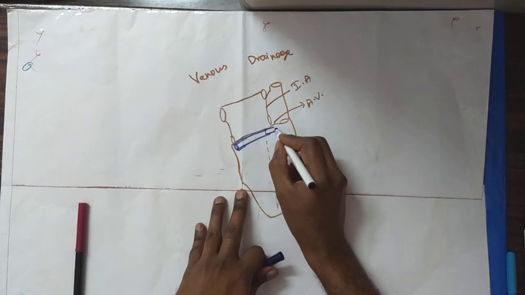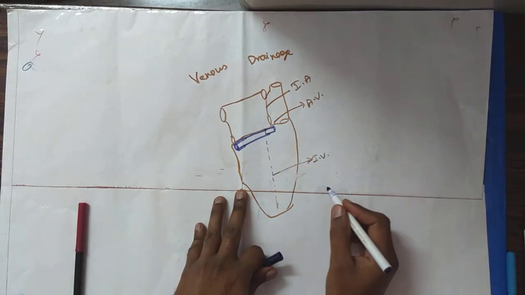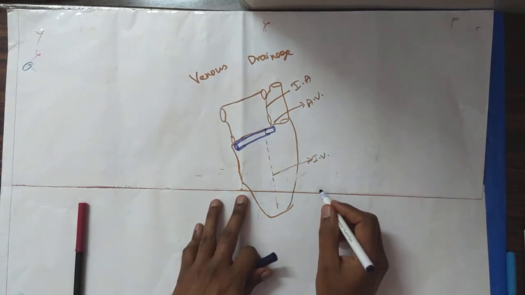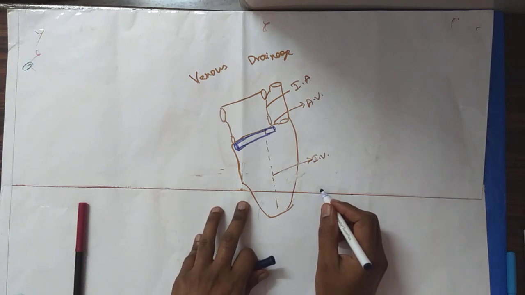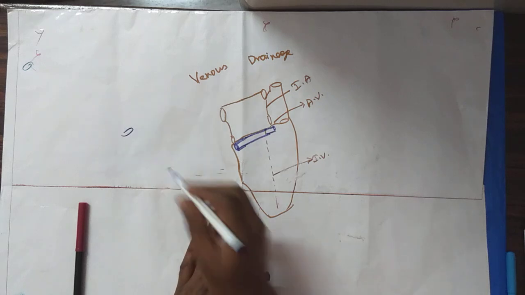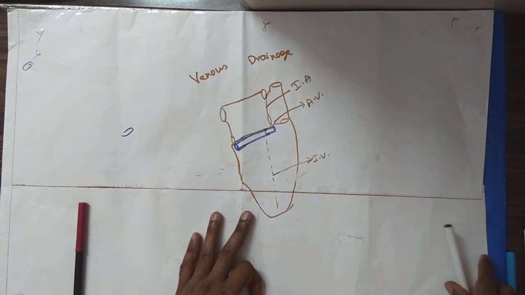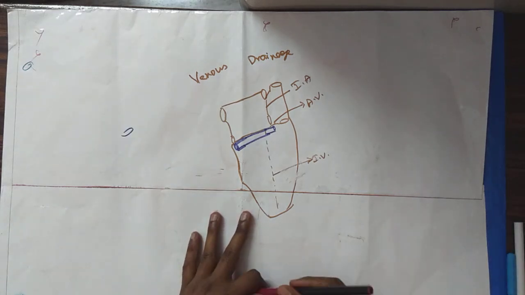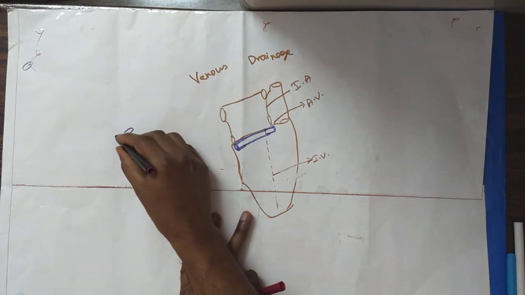So it will be having different veins draining into that. So what are the major veins draining into that? One thing is, you can see in the other diagram. So how to draw your heart?